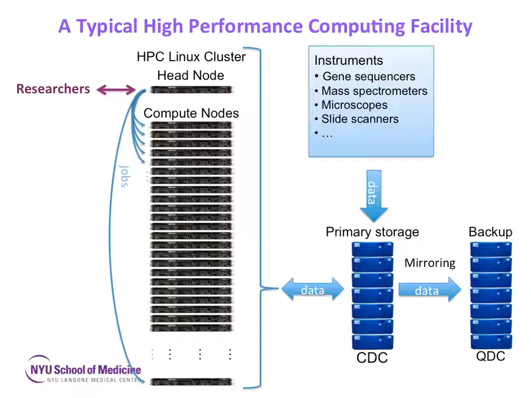Primary storage is not only taking care of your calculations, but it also ingests data from different sequencers and other instruments. So as a matter of fact, when you get into the cluster, most of the files that you need, if you're working with sequencers, are already there.